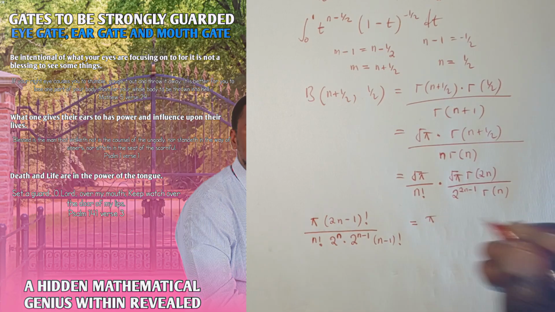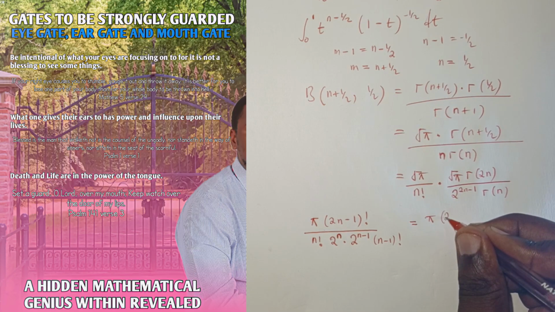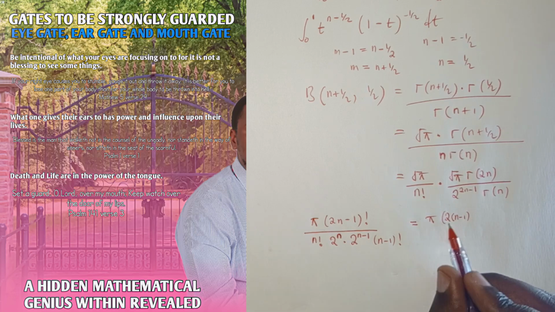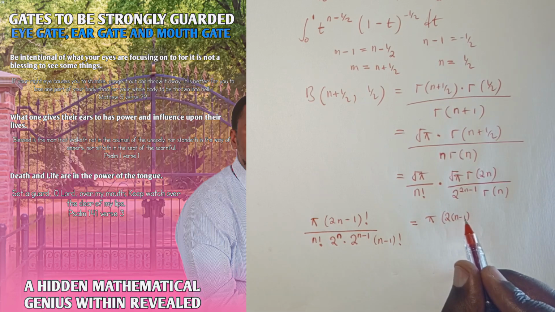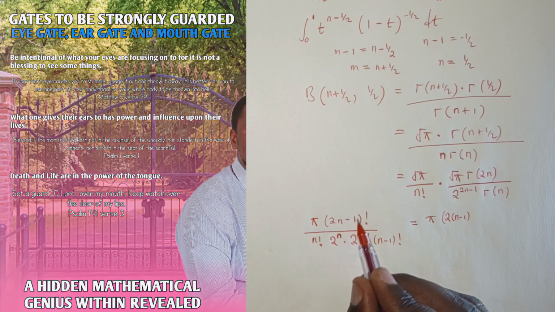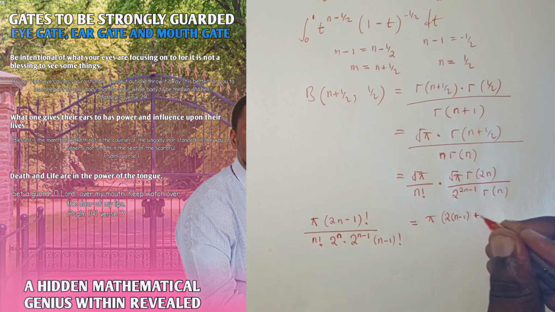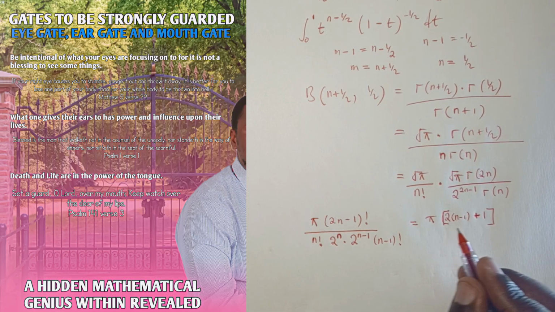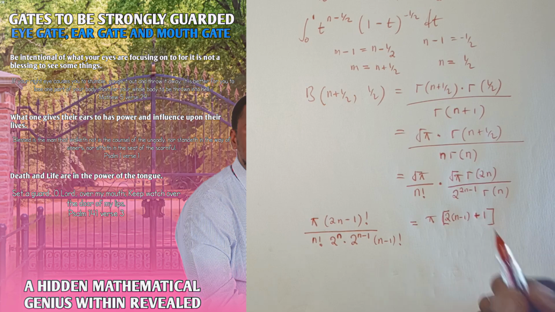We have pi, and we have 2 times n minus 1, which expands to 2n minus 2. Now we're supposed to have a minus 1, so you add 1. So 2 in brackets n minus 1, plus 1, is the same as 2n minus 1.